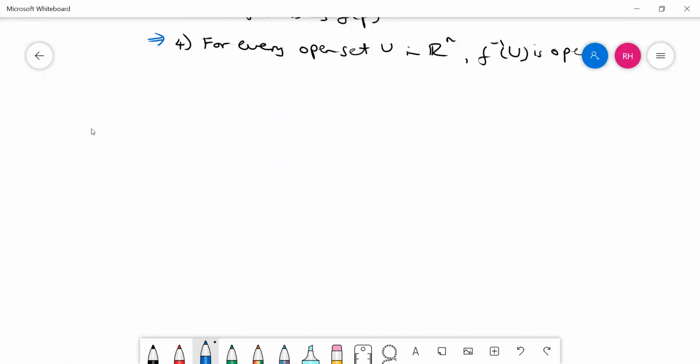What we want to do is prove that the sum of 2 continuous functions is continuous. Okay, so proof.